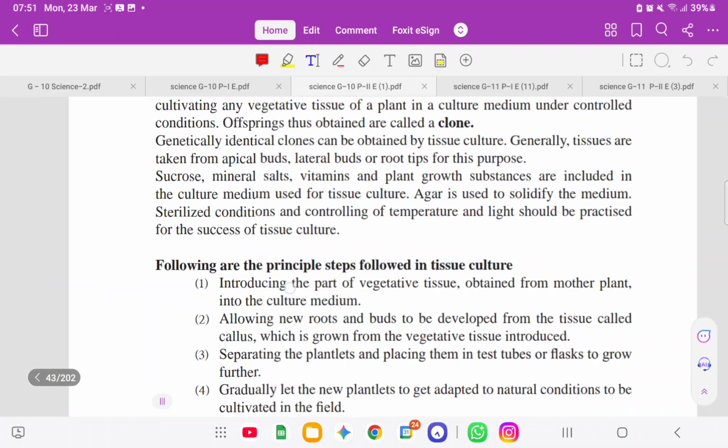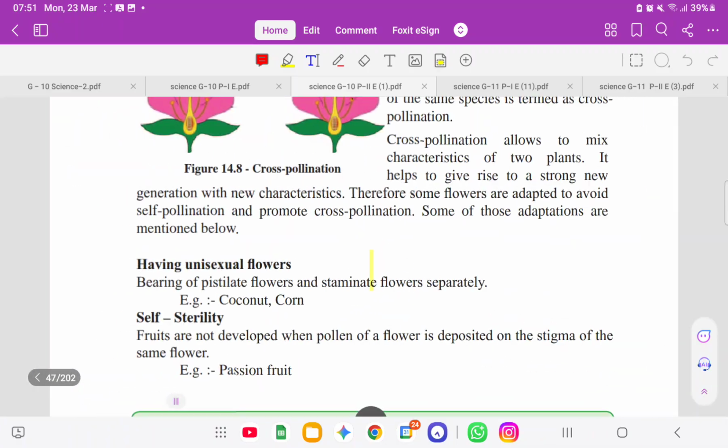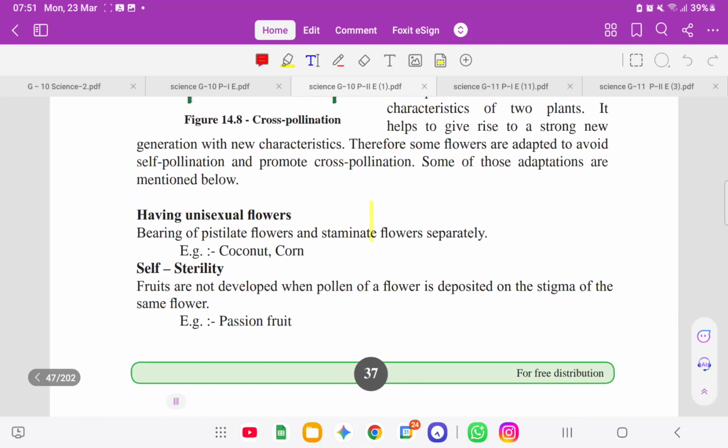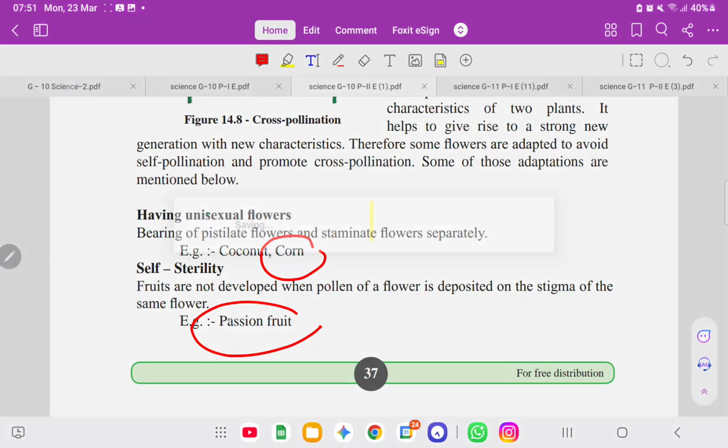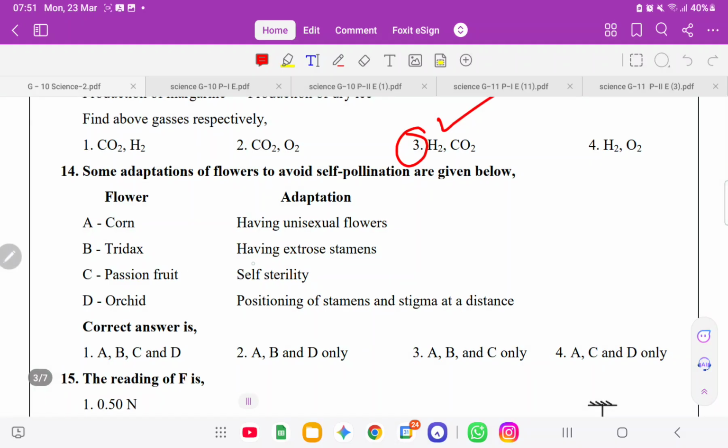Here they mention this is asexual. Pollination: having unisexual flowers, coconut and corn. Self-sterility, passion fruit. I think they mentioned corn here, passion fruit here. Having unisexual flowers, corn is correct.